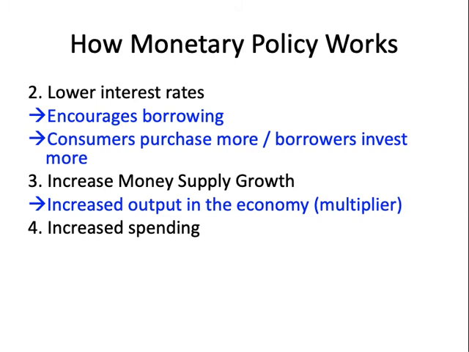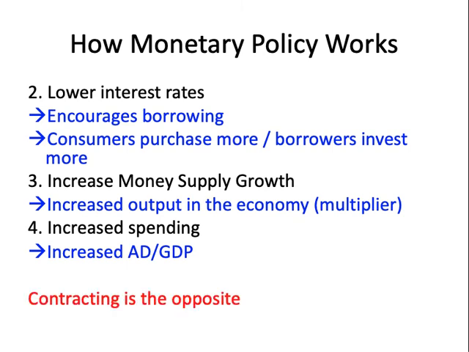If we make our money grow faster, the circular flow increases and the percentage of spending increases, encouraging us to not save, to spend more. That will increase our output in the economy and our aggregate demand. The last one is to increase their own spending. If they increase their own spending, aggregate demand and GDP will increase.